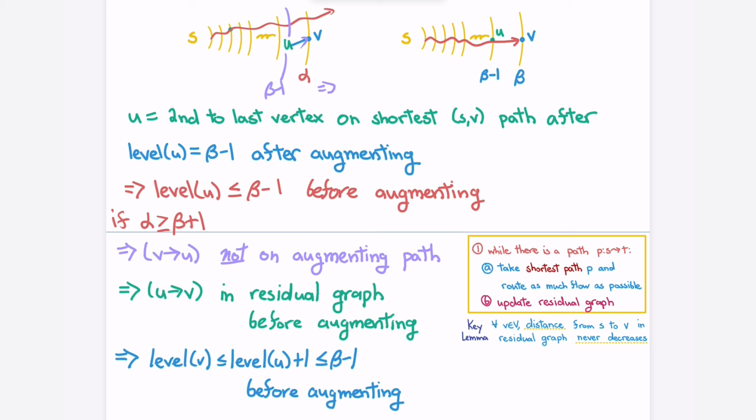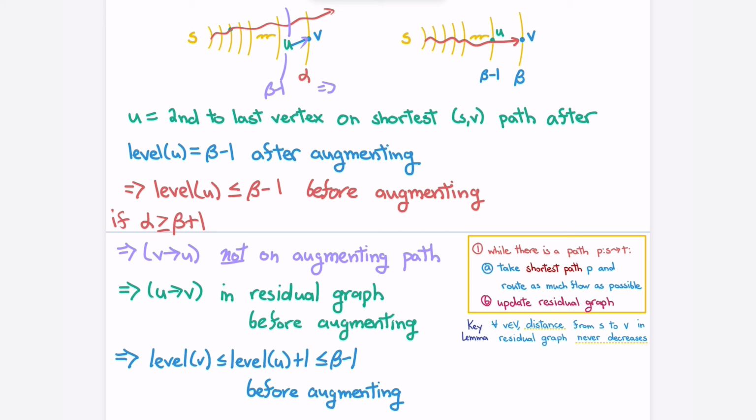Now, all I know about the augmenting path in between them is it took some shortest path. So it would never go backwards. It wouldn't go to v and then back to u and then forwards. The shortest path would always advance through the layers. So consequently, v to u was not on the shortest path.